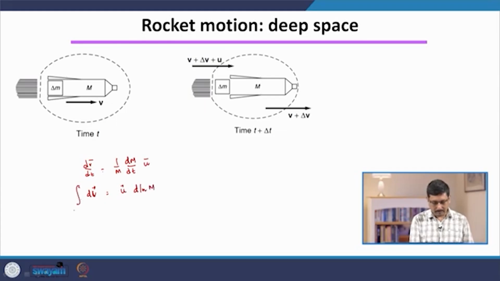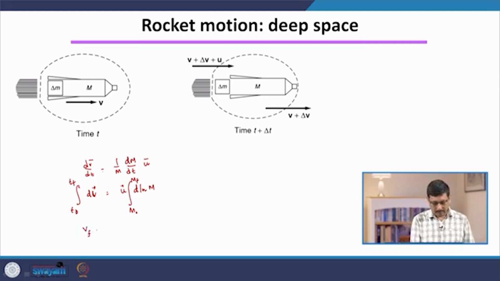Now, if I integrate over some interval, from t0 to tf, let us say at t equal to t0, the mass of the rocket including the fuel was m0, and at t equal to tf, the mass was mf.